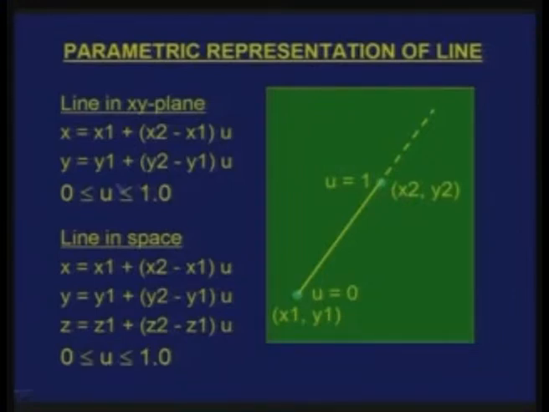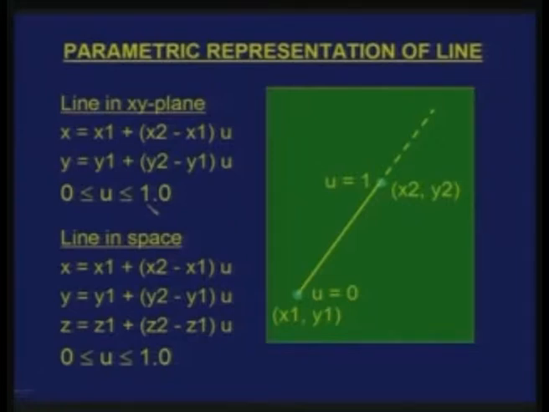So, I have a parametric representation in which x is written in terms of x1 and x2, and it is also a function of a parameter u. And last time we studied that any functions of x, y and z which are functions of a single parameter basically represent a curve. In parametric representation, you also try to impose bounds.